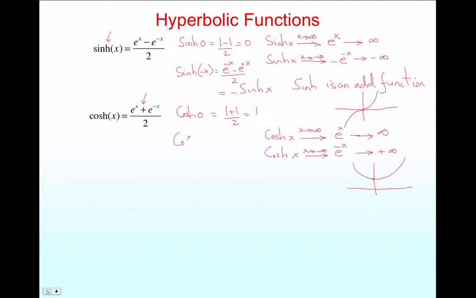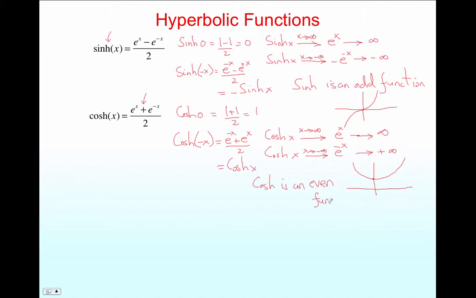As compared to sinh, cosh of minus x is going to be just e to the minus x plus e to the plus x divided by 2, and that's cosh of x itself. So cosh is an even function.